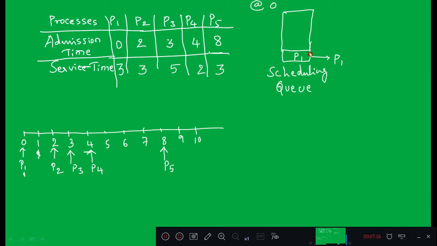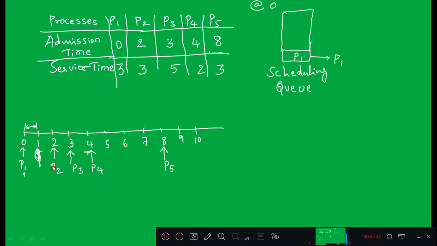And after 1 second of time, the operating system will preempt the CPU from process P1, and it will be given to some other process, right? But at 1 second, we don't have any other process except P1, right?